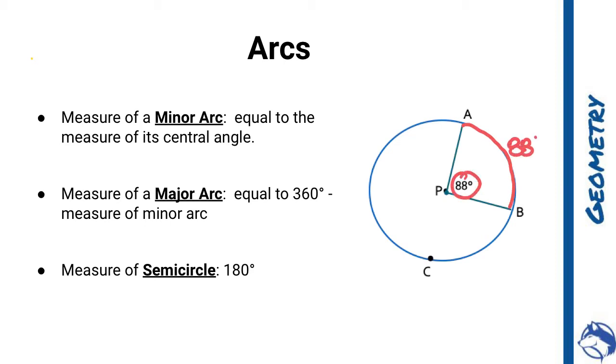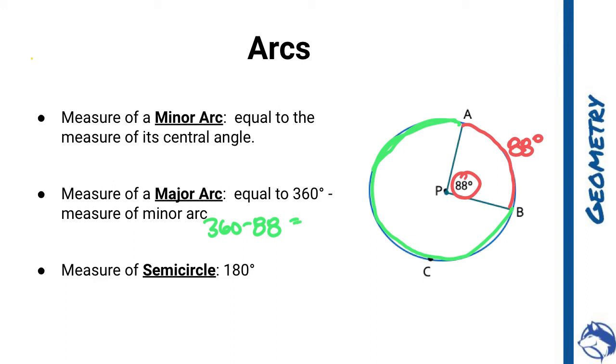So that's 88 degrees. In this scenario, the major arc is equal to 360 degrees minus what that measure of the minor arc is. So when I go all the way around like this, it's going to be 360 minus the 88.